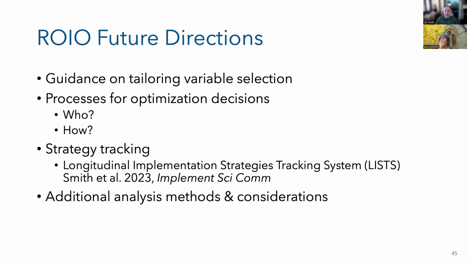The need for really comprehensive and accurate strategy tracking. So if you have a difference between clusters 2 and 3, you can really say, these are the exact things that we changed in between these clusters that are responsible for that difference that we observed. And then providing some more guidance on additional analysis methods and considerations for different data types.